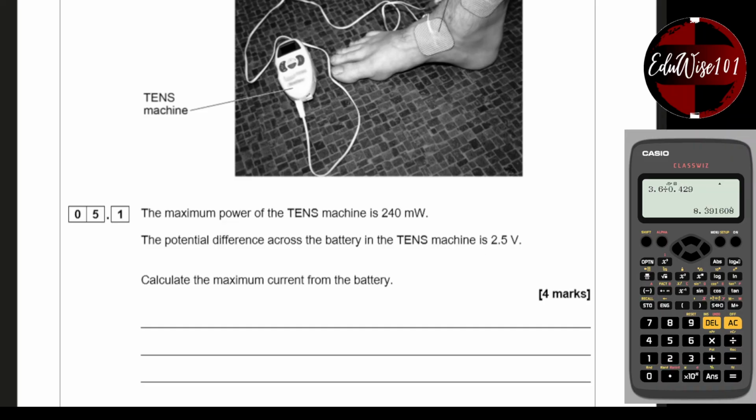It's a lowercase m. The potential difference across the battery in the TENS machine is 2.5 volts. Calculate the maximum current from the battery.